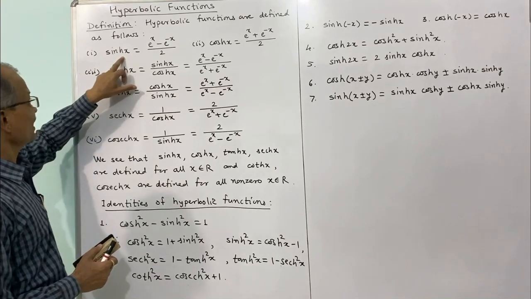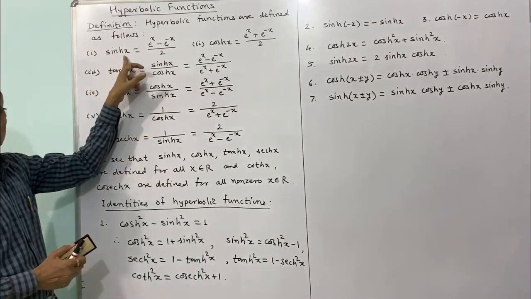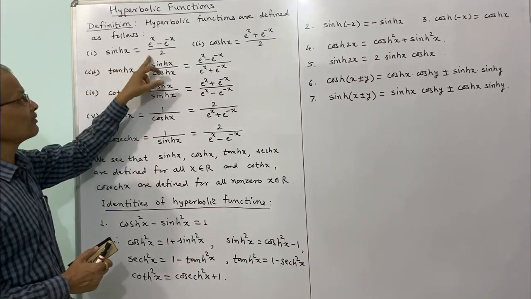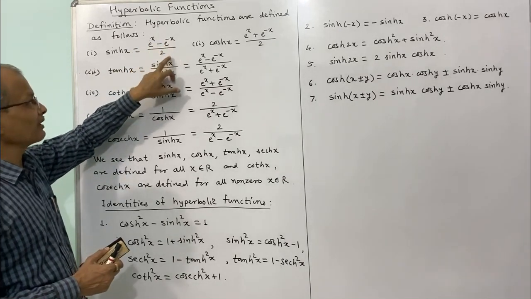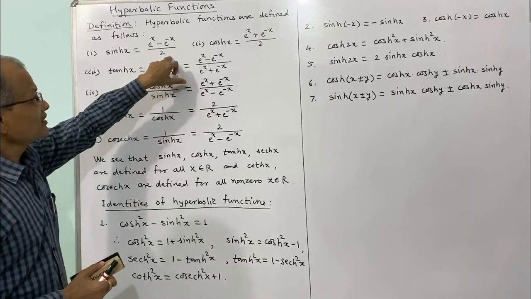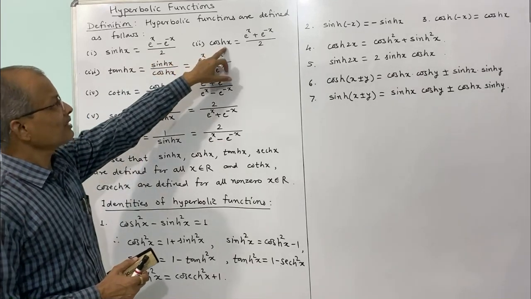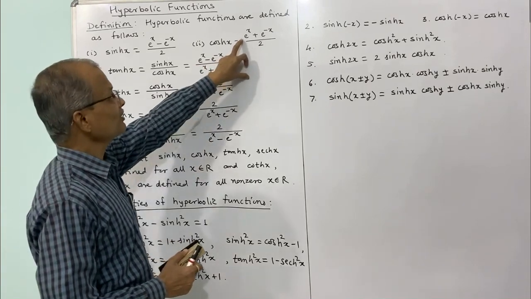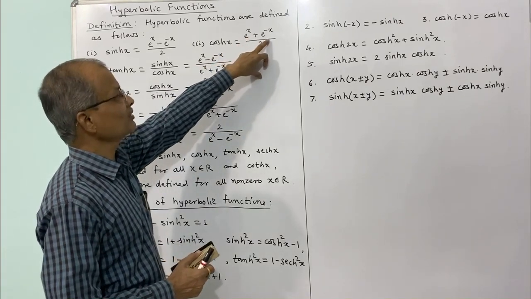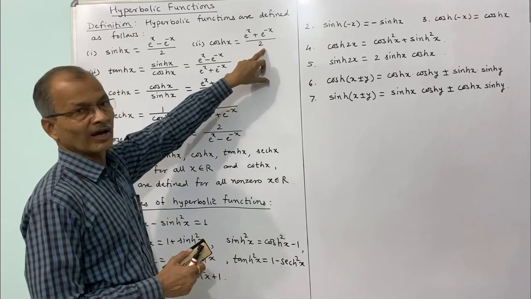So we read this as hyperbolic sin x. Hyperbolic sin x is equal to e to the power x minus e to the power negative x divided by 2. Second thing, hyperbolic cosine. Hyperbolic cosine is defined as e to the power x plus e to the power negative x divided by 2.